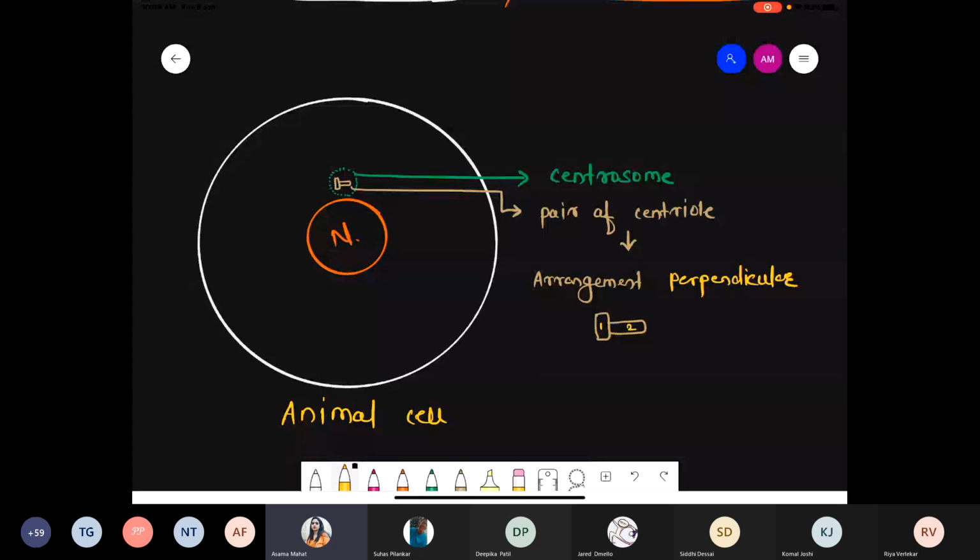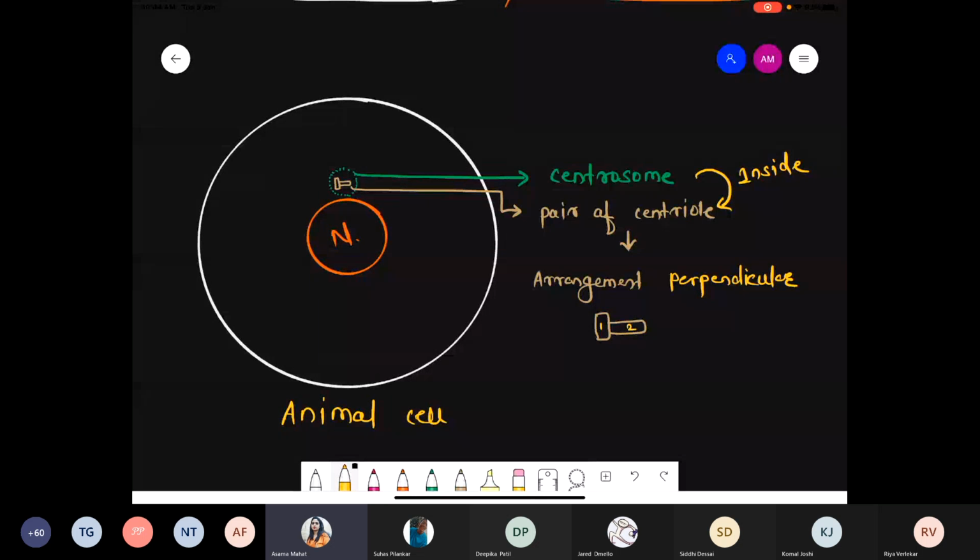So centrosomes are present in the cell, and inside the centrosome a pair of centriole is present. Again, centrioles are totally made up of microtubules without plasma membrane, and they are arranged in a perpendicular manner.